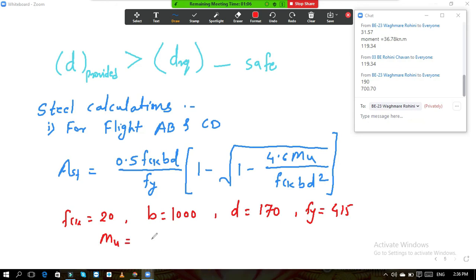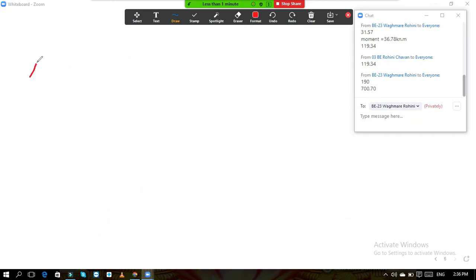For flight AB and CD, what was the Mu? It is around 39.31 kilonewton meter. We just put all these values. What is the answer? 700.70. So area of steel is 700.70 mm square. So what bar diameter we have assumed? 10 mm bar. So let us see how many number of bars are required.